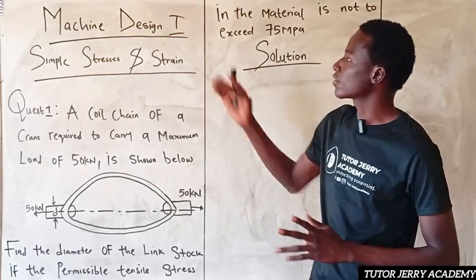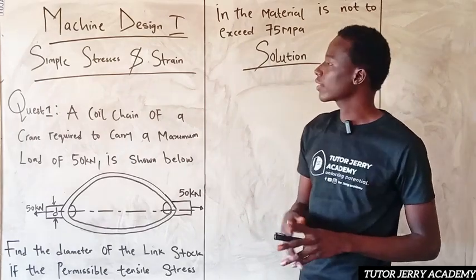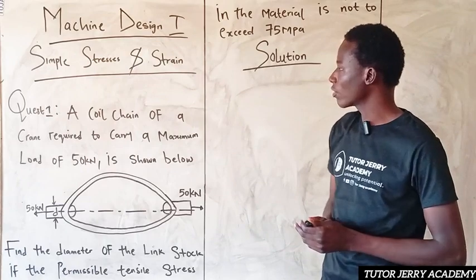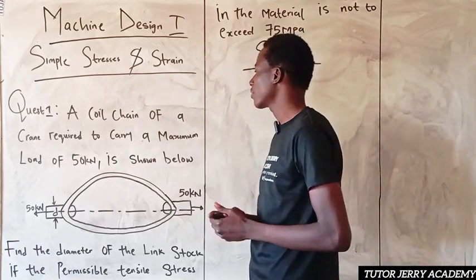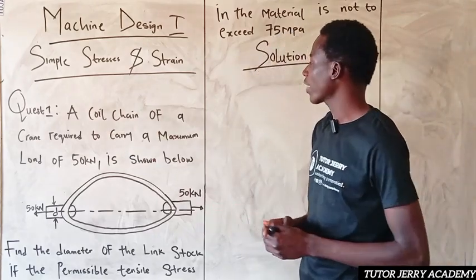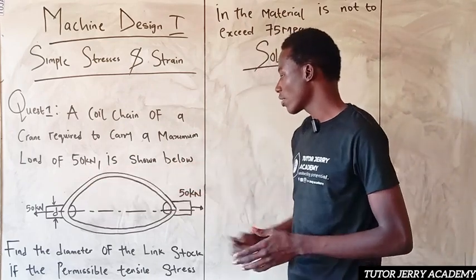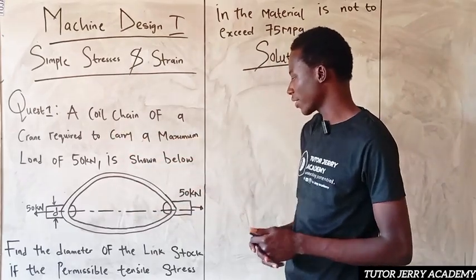Of course, the course on the board is nothing but Machine Design 1, and we are going to be starting with simple stresses and strain. Now, the first question we are going to be looking at is as follows. It said a coil chain of a crane required to carry a maximum load of 50 kilonewton is shown below. So this is the coil chain of the crane.